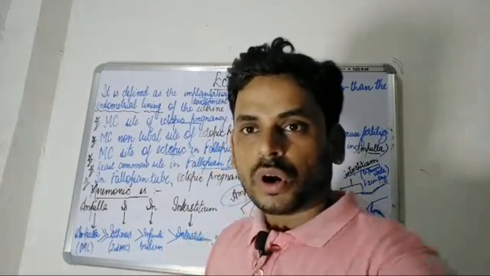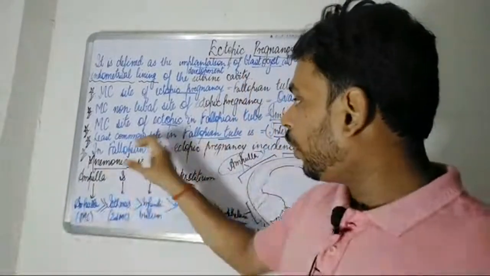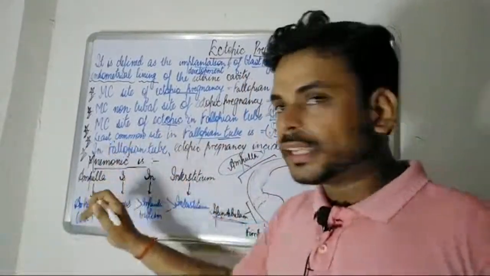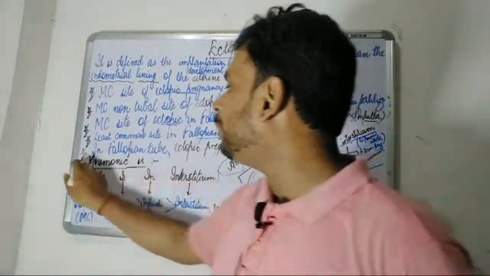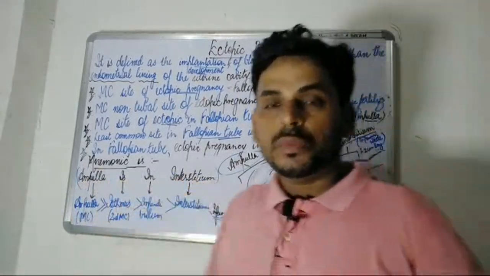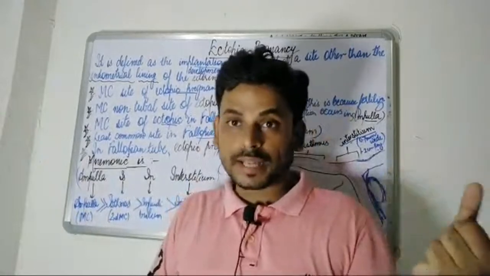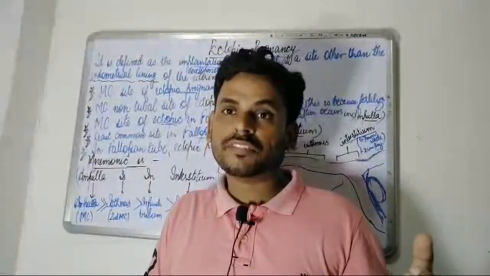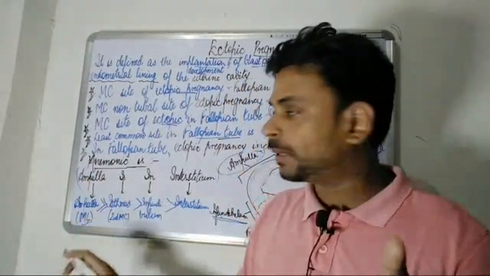When we talk of the incidence, the mnemonic is "ampulla is in interstitium." Just by remembering this mnemonic, we can very easily remember the most common site, the most common incidence of ectopic pregnancy in the fallopian tube. It is the ampulla.